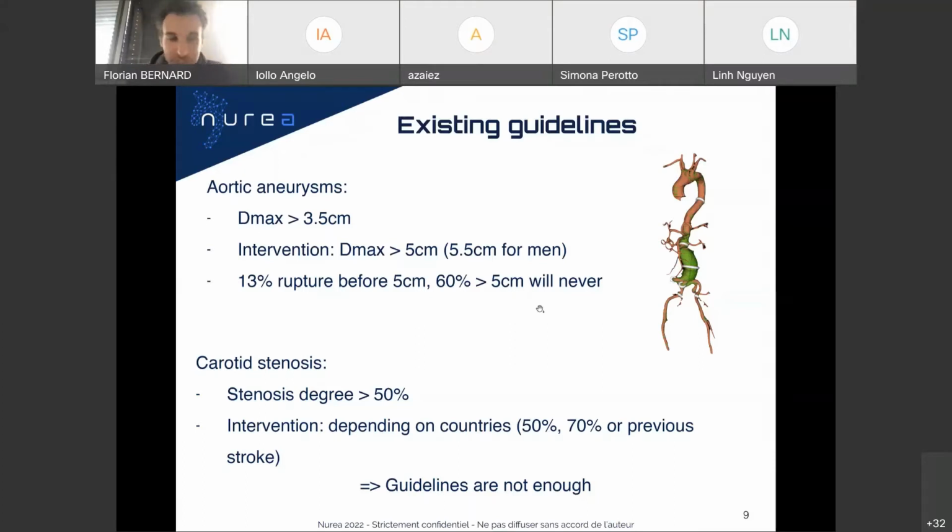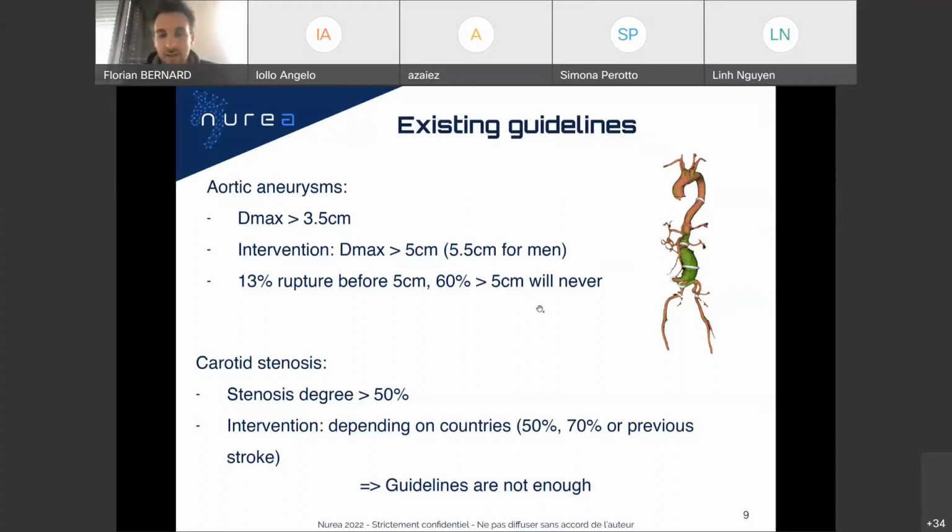And the reason for that is that all these thresholds have been established in the 90s with diagnostic techniques that are no more used, like arteriography, where you put a catheter in the vessels, inject the contrast product, and try to evaluate the occlusion.